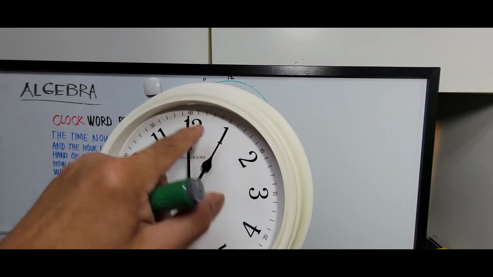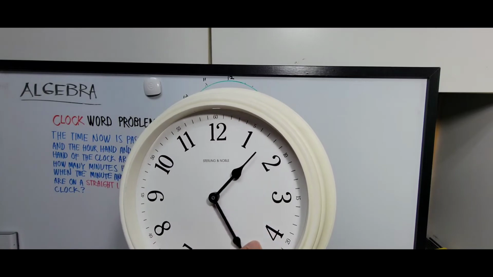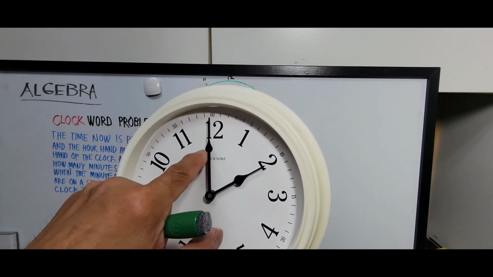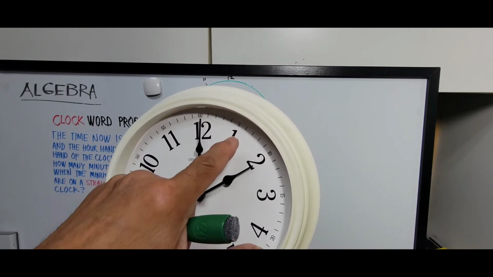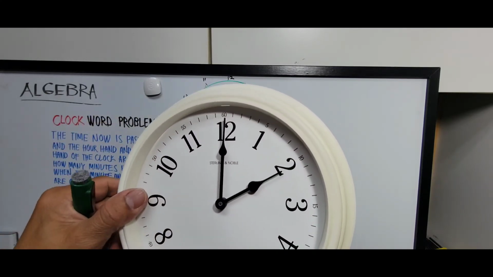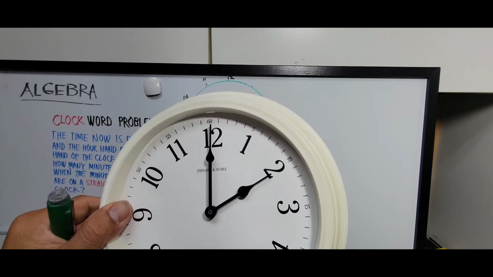If you notice, it goes 60 minutes, and yet the hour hand just moved 5 minutes. So we write a relationship of the movements of both hands on the board.